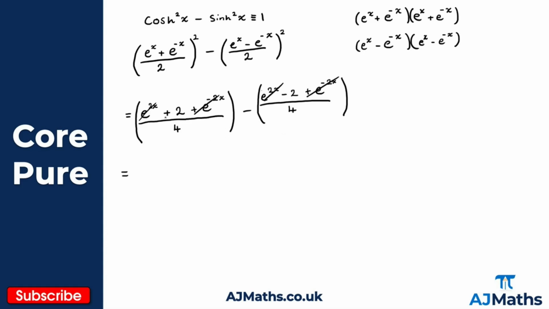What that leaves me with is 2 over 4 minus minus 2 over 4. If we minus this negative number, it's the same as adding them together. So I've got 2 over 4 plus 2 over 4, giving me 4 over 4, and obviously 4 over 4 is equal to 1. That's exactly what we wanted to get. So it's equal to the right hand side, and our proof is complete. That's how we'd prove an identity like that.